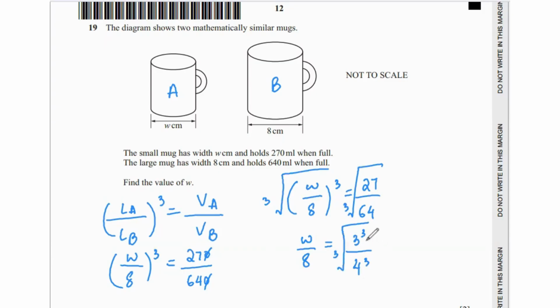So when we cube root 3 cubed and 4 cubed, that also cancels out the powers. So we're left with W over 8 equals 3 over 4. Now, W equals 3 over 4 times 8. 4 ones are 4, 4 twos are 8, so W equals 6 centimeters.